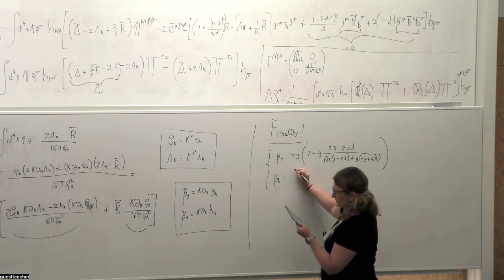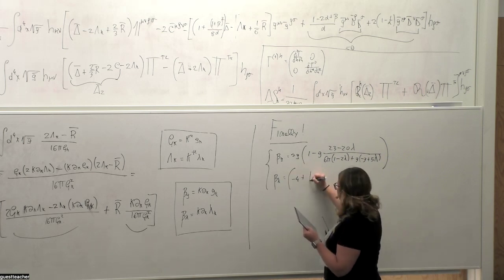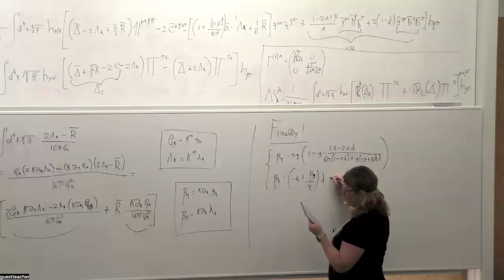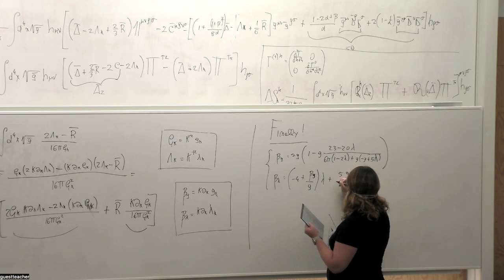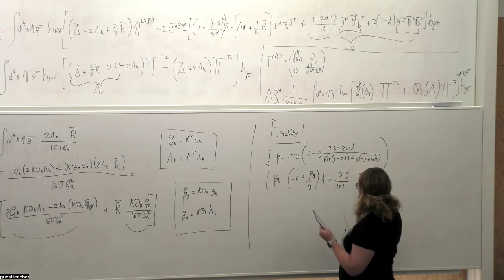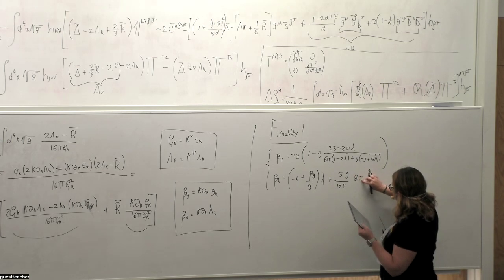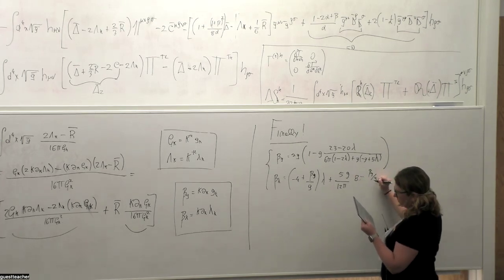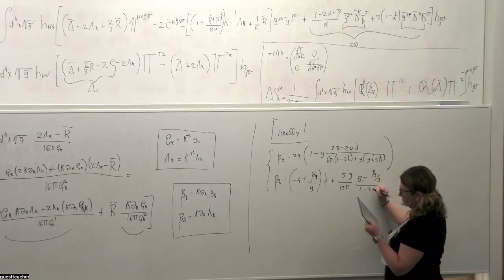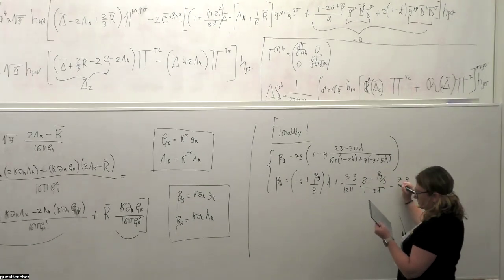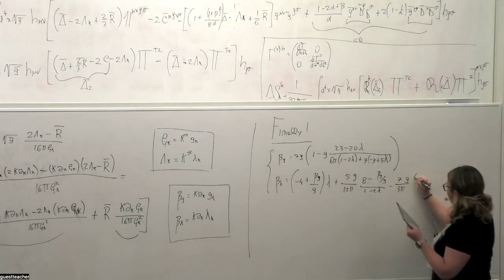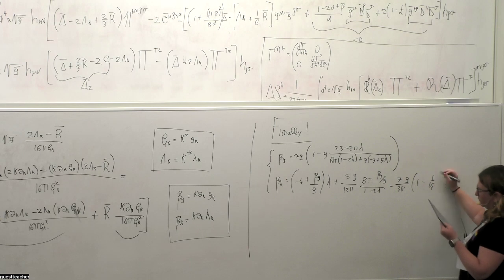And beta_lambda now is minus 4 plus beta_g, just replacing over g, lambda plus 5 g, 12 pi (8 minus beta_g over g), 1 minus 2 lambda minus 7 g over 3 pi, and 1 minus 1 over 14 beta_g over g.